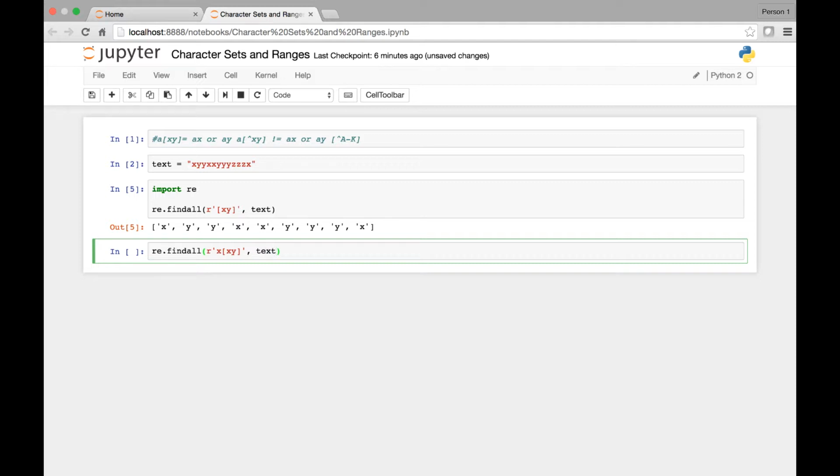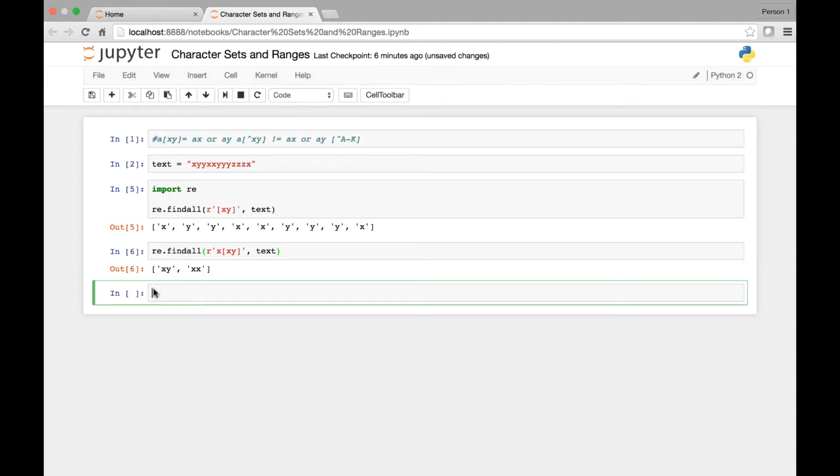And then I have my string text. Run it. So in this case, I got here X followed by Y, and then I have another X followed by, since it's X or Y, I have the second match here. So I get two matches, right?